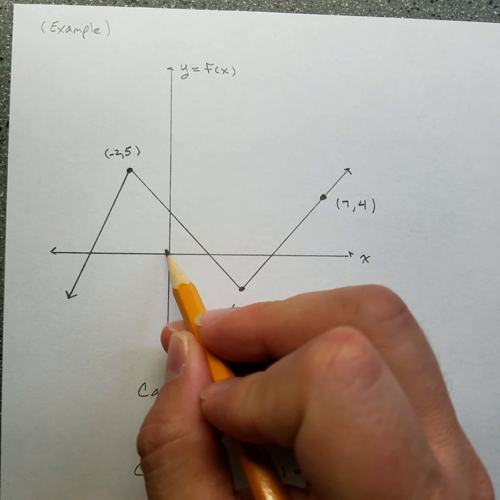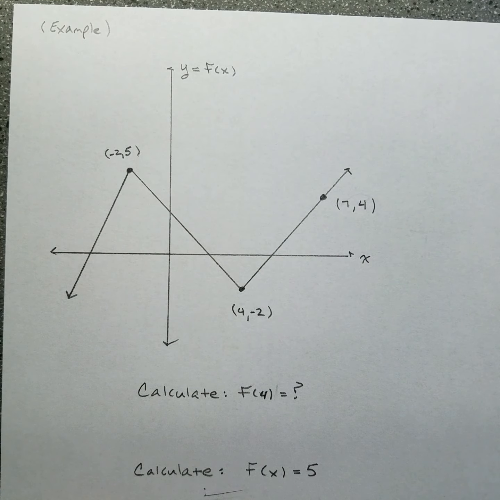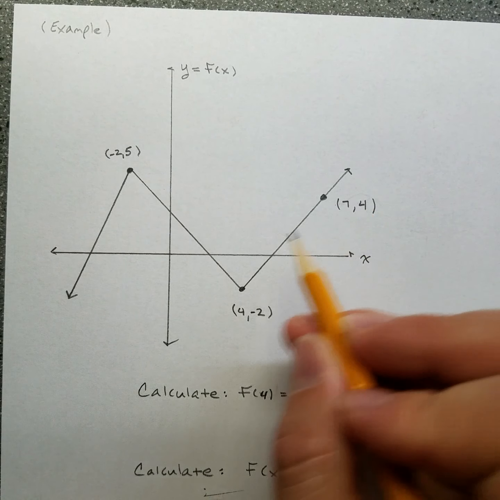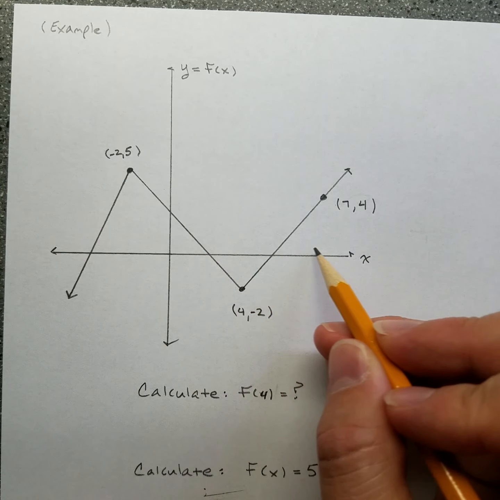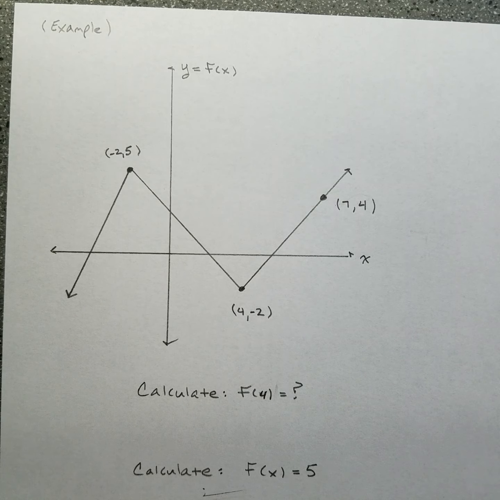So that's 2 spaces left and 5 spaces up if you had graph paper. In this point, 7, 4. So 7 spaces to the right, 4 spaces up. So that's the whole context. I just didn't want to take the time to draw the whole graph with graph paper when it's easy for me to explain to you like that.